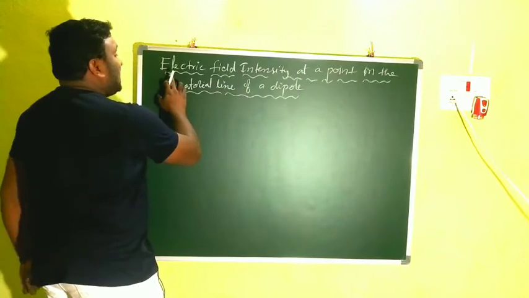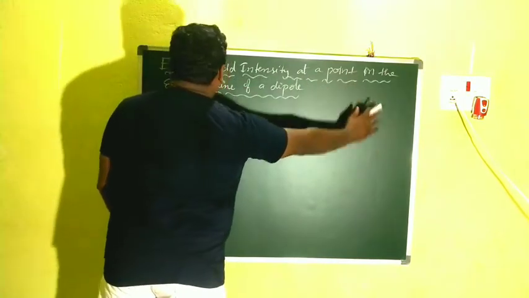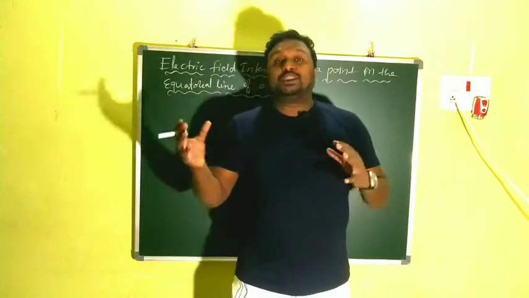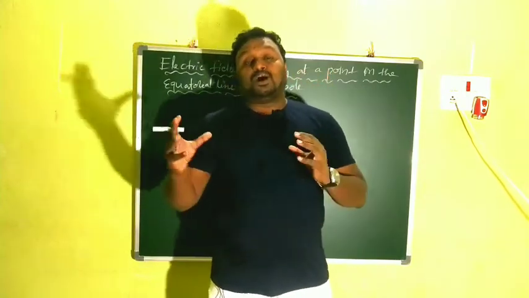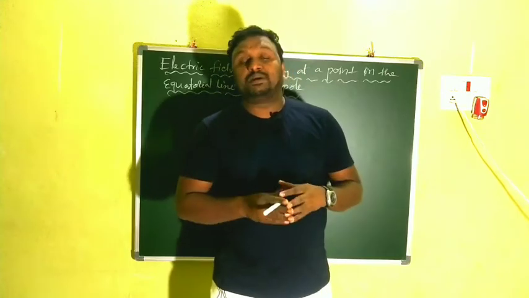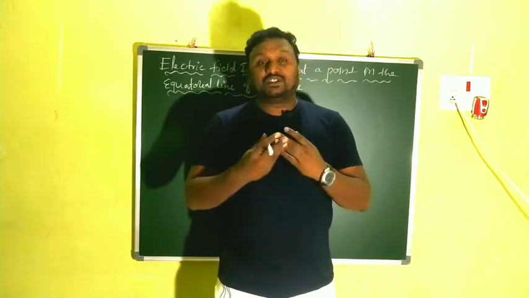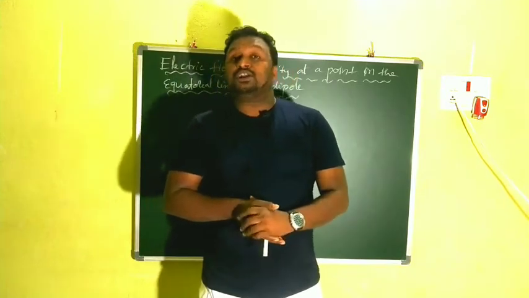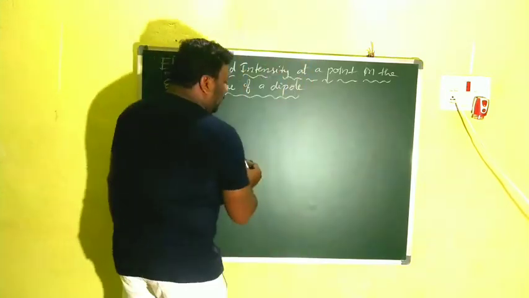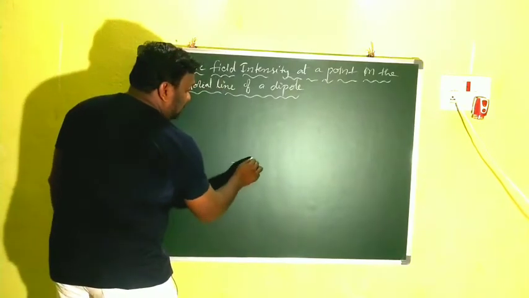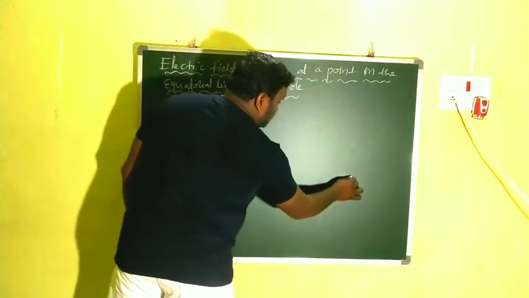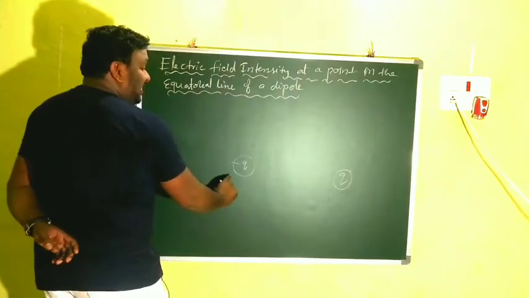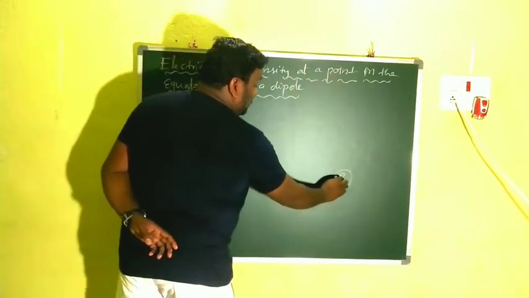Today our topic is electric field intensity at a point on the equatorial line of a dipole. In the previous video I explained what is meant by a dipole and what is meant by dipole moment. Even so, let us see once here what a dipole is. A dipole is nothing but two equal and opposite charges. This is minus q and this is plus q.